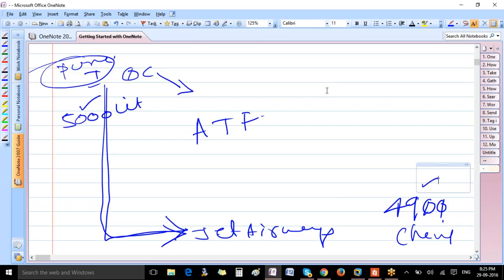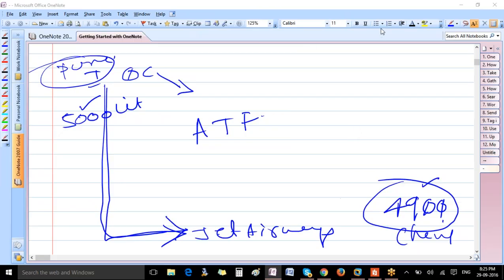Anyone? 4,900 quantity. So how does IOC know the delivery quantity is 4,900? How does IOC know that?